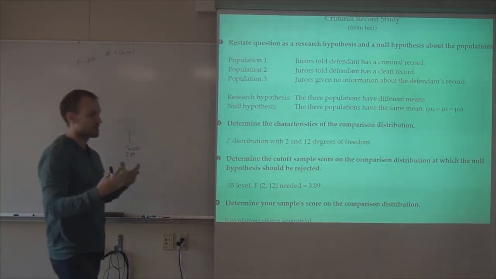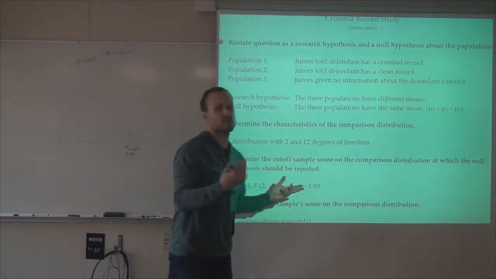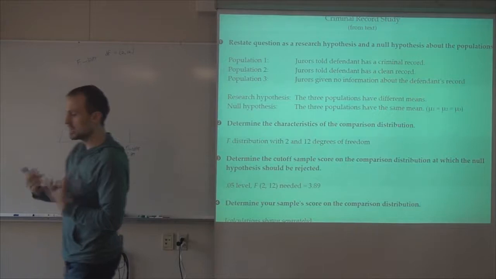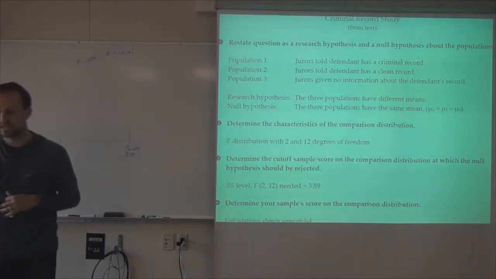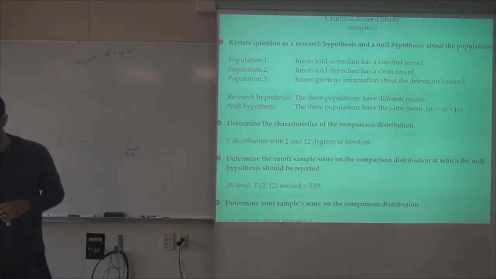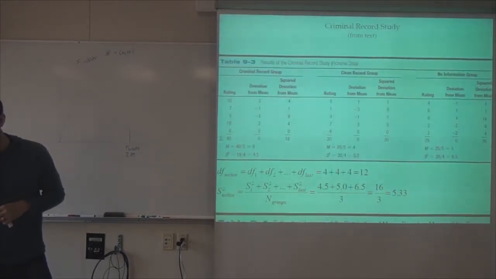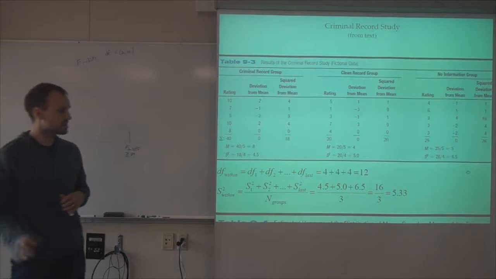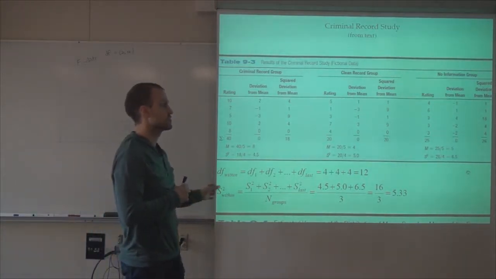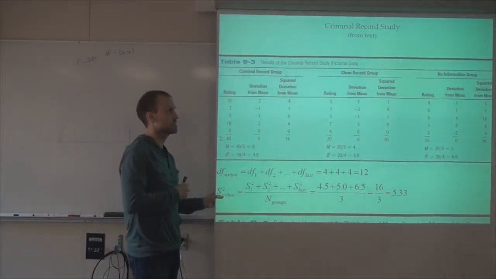And now I have to calculate what the F ratio is from my sample and see how that compares. Do I reject or do I not reject? Okay, so here's my sample. The within groups variance estimate is easier.